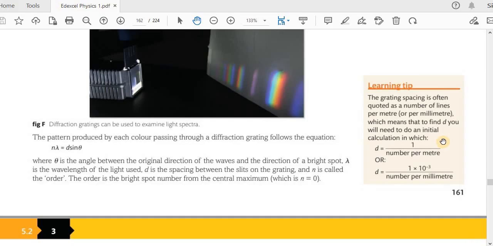By the way, this is if it's in SI units, meters. If it's in millimeters, you know you have 1000 millimeters in 1 meter, so 1 millimeter is 10 to the power minus 3 meters.